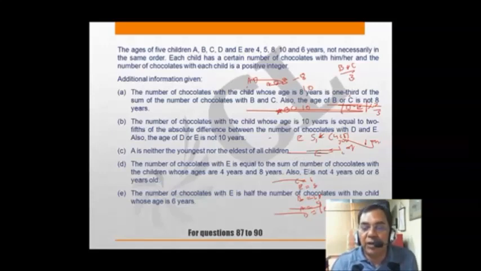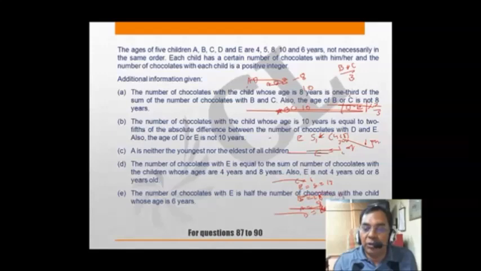That means E has got 14. Okay. No. B is equal to 10 and has got 4.